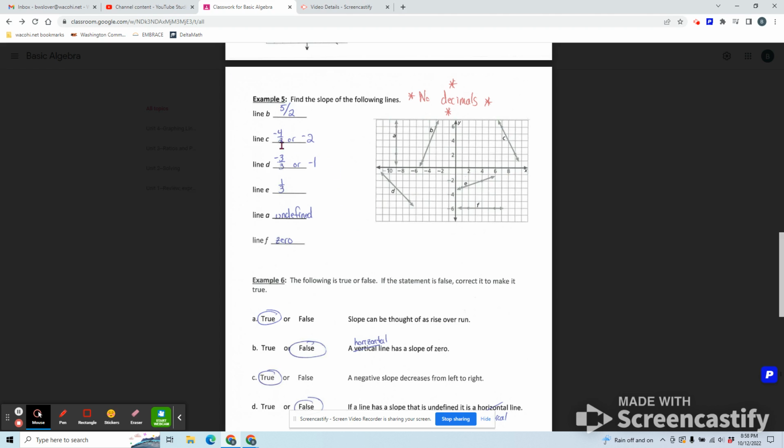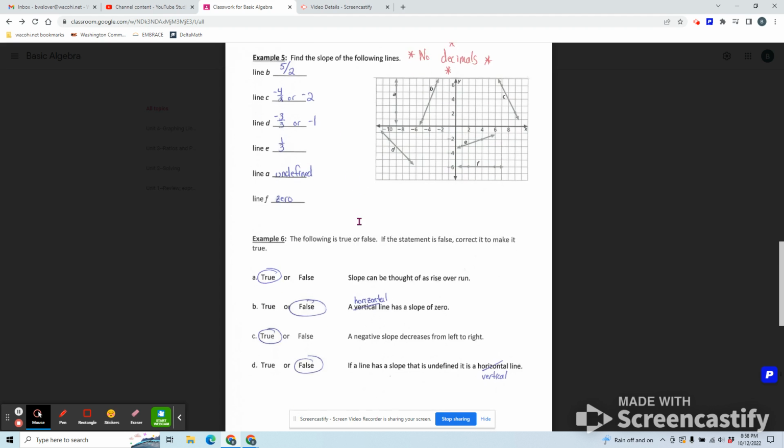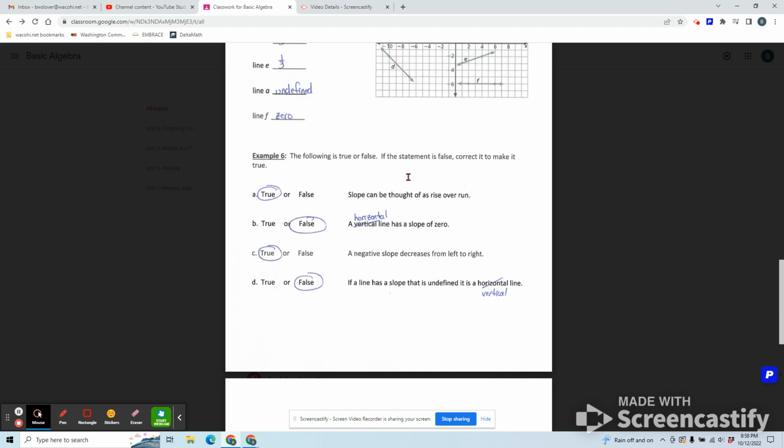If possible, reduce. So negative 4 over 2 becomes negative 2 or negative 2 over 1. Negative 3 over 3 reduces to negative 1 or negative 1 over 1. And then here's just some true or false that you're correcting if it's false.